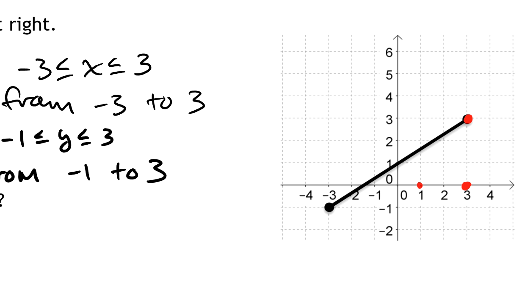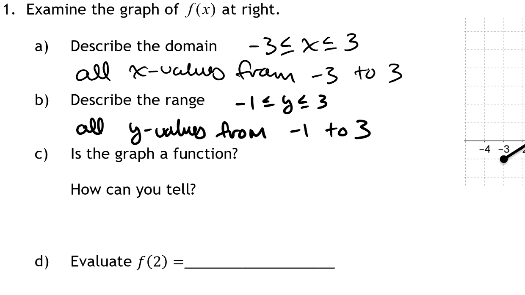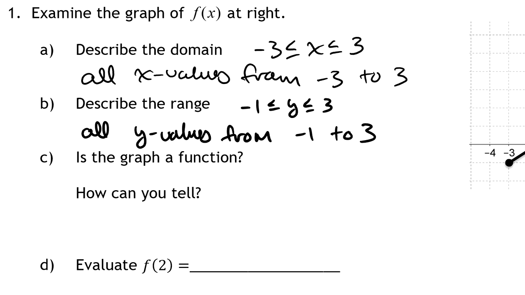For example, x is 1, it's only pointing at this particular y value. It's not pointing to any other y value. So this is most definitely a function, and you could say it a couple of ways. Many of you said each input value produced only one output.